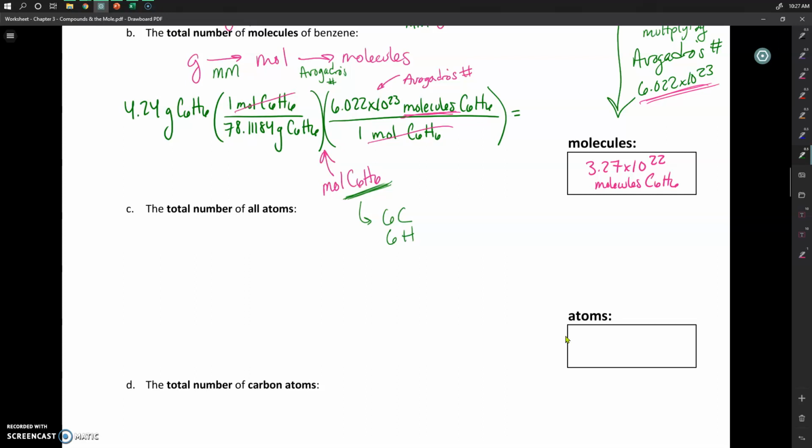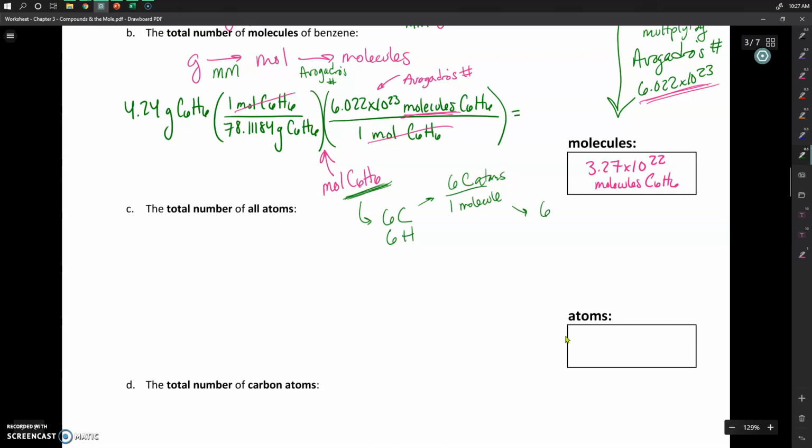That would be 6 carbon atoms per molecule, 6 hydrogen atoms per molecule, but it's also 6 moles of carbon atoms per mole of the compound, and 6 moles of hydrogen atoms per mole of the compound. So note, those numbers can be used basically as conversion factors for either per molecule basis or per mole basis. So what I mean by that is we could write this as 6 carbon atoms per 1 molecule if we wanted to.